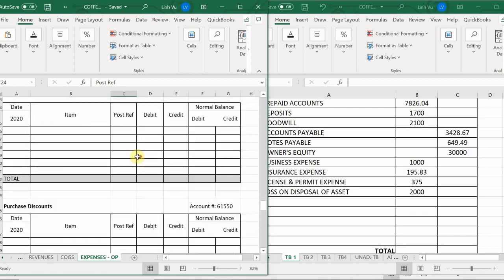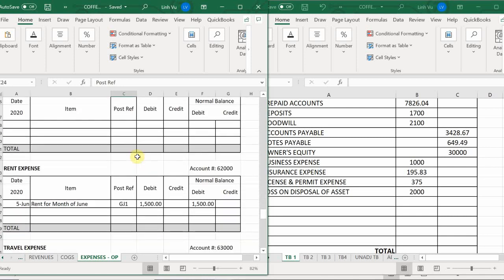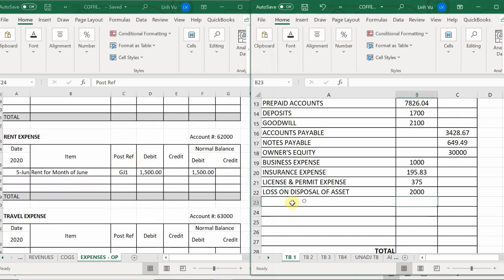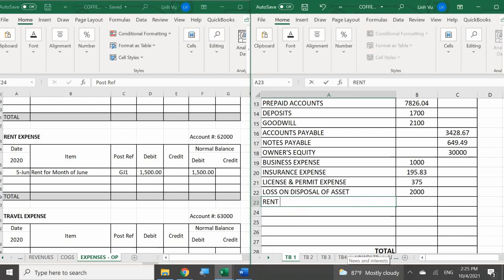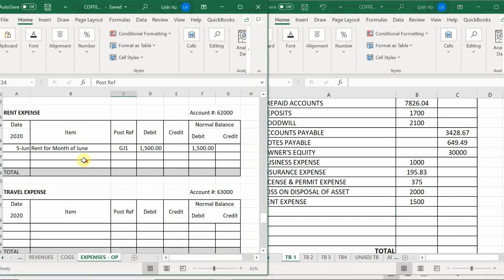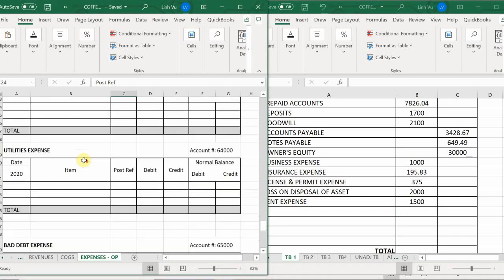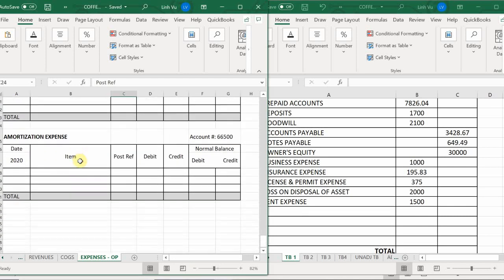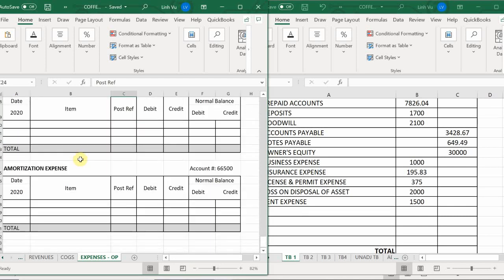And we have rent expense, for $1,500. Last but not least, we didn't have any travel expenses, utilities expenses, depreciation, bad debt, or amortization. So that's all the accounts in our chart of accounts.